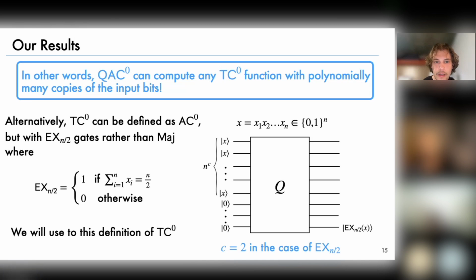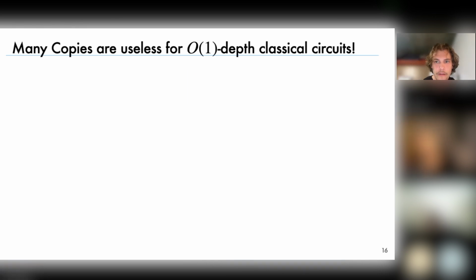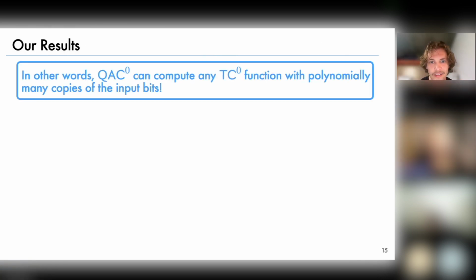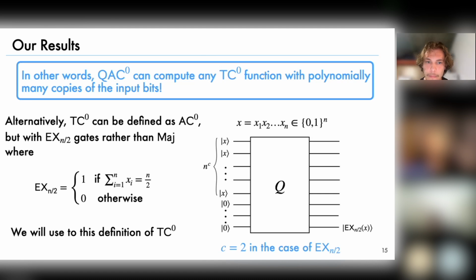Before you go on, since you already interrupted, I also wanted to check. This result by Rosenthal that you mentioned, there it was also approximate, right? You're computing parity approximately.